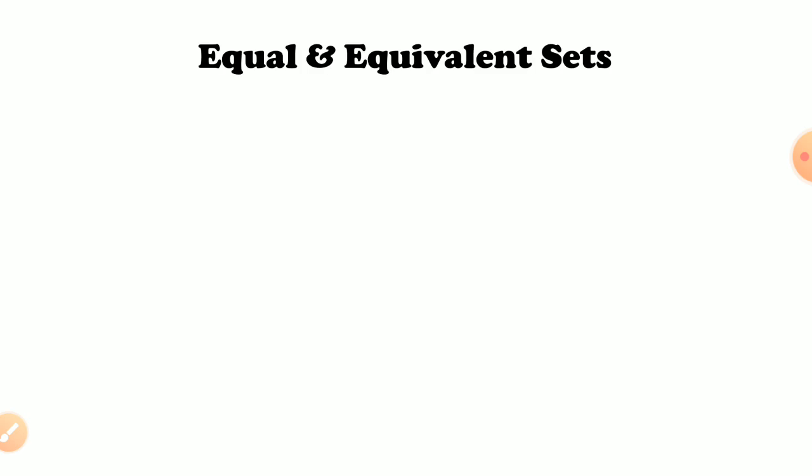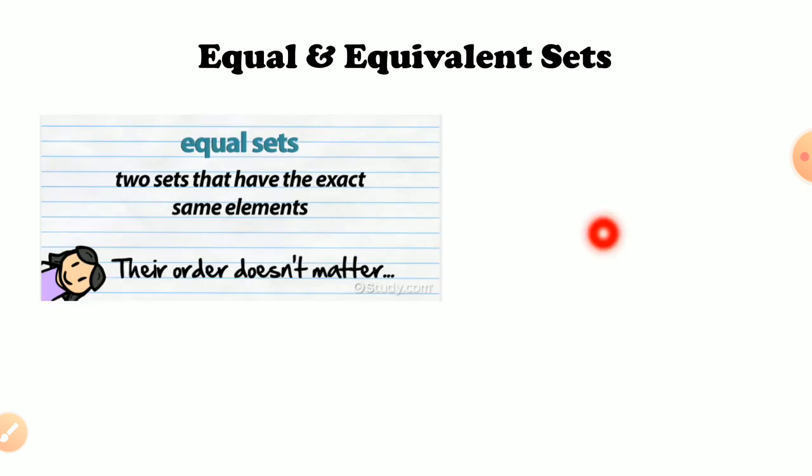Equal and equivalent sets. Equal sets are the sets that have the exact same elements. Two sets are called equal sets if they have exactly the same elements. Their order doesn't matter. It doesn't matter whether the arrangement of elements is the same or not, but the elements must be the same.